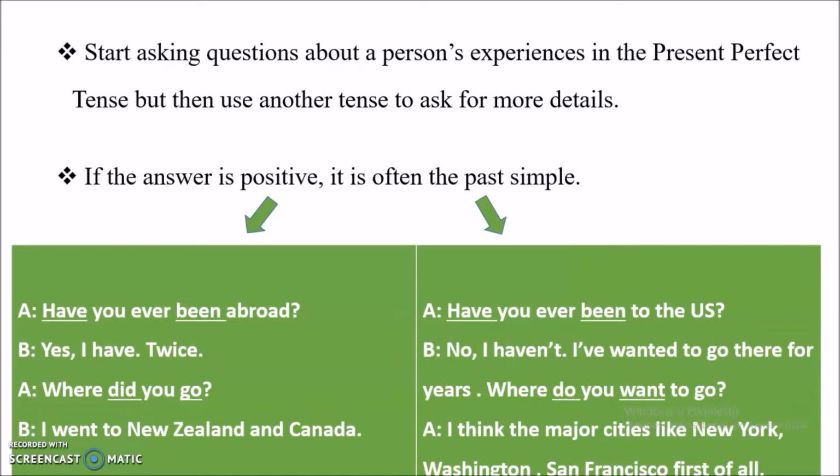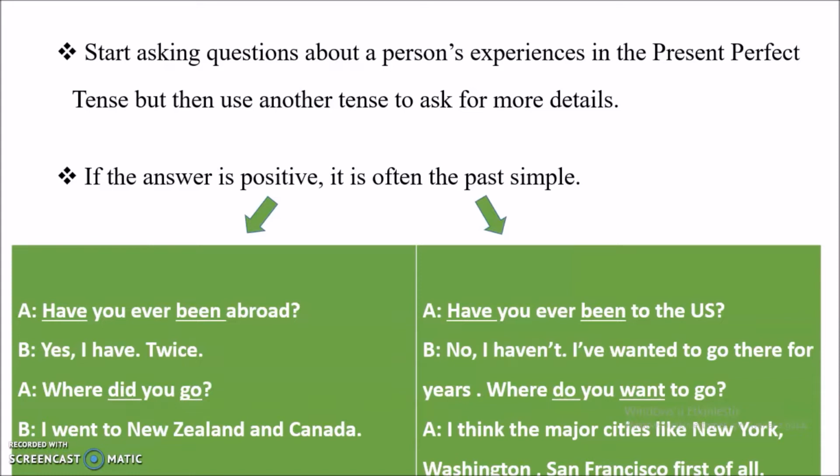That is why the conversation goes on like this. Where did you go? In past simple question form, and then we would say I went to New Zealand and Canada.